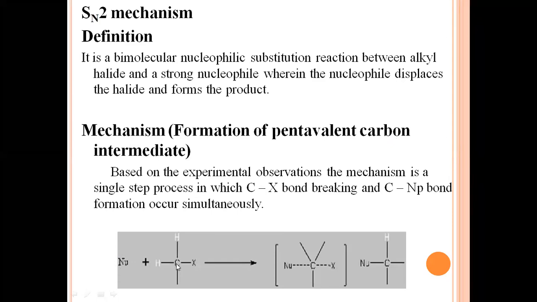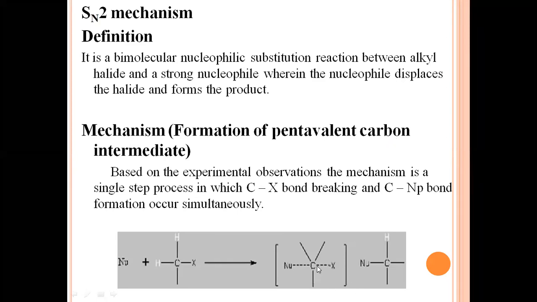The nucleophile directly attacks from the rear side of the halide group. So exactly opposite to the halide group, the nucleophile attacks. In the structure in the square bracket, you can see it clearly: the nucleophile and the halide are exactly opposite in direction.